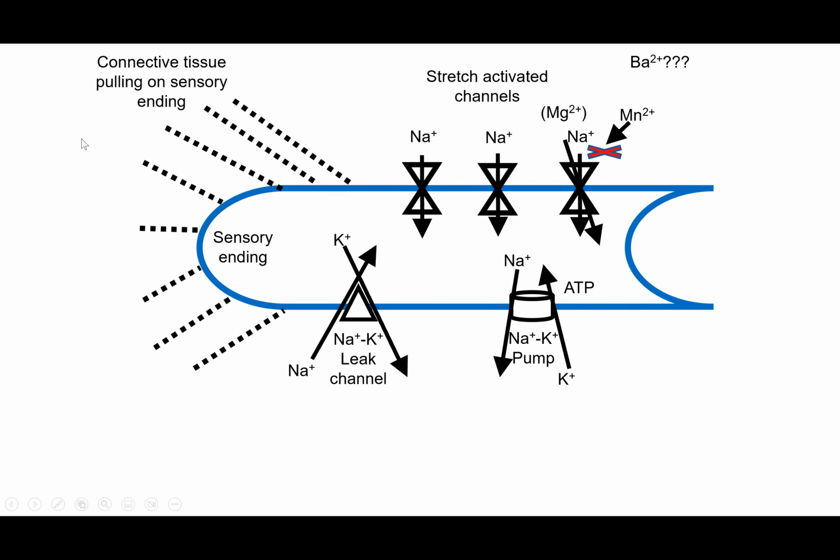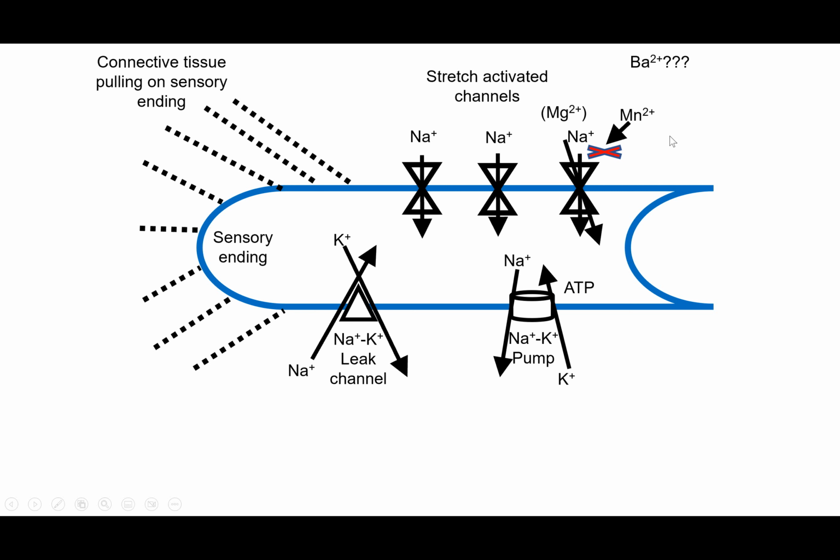So here's a model of the sensory endings, and you're going to have voltage-gated sodium channels, maybe some leak channels, a sodium-potassium pump. And so we tested manganese on the preparation, and we found out that it decreased activity. What would barium do, for example? This is another idea.